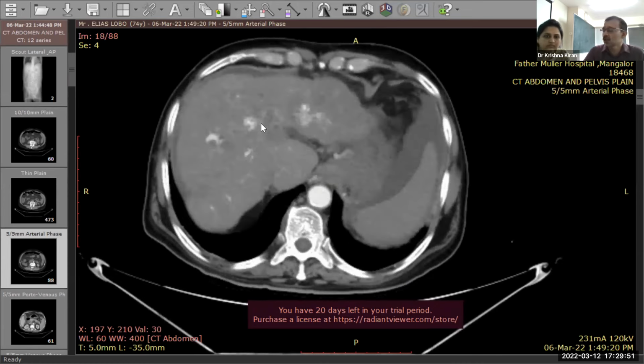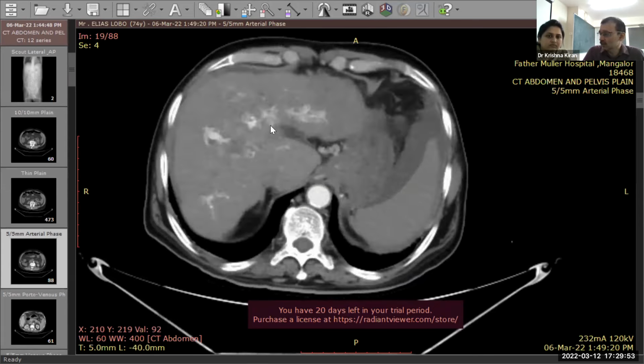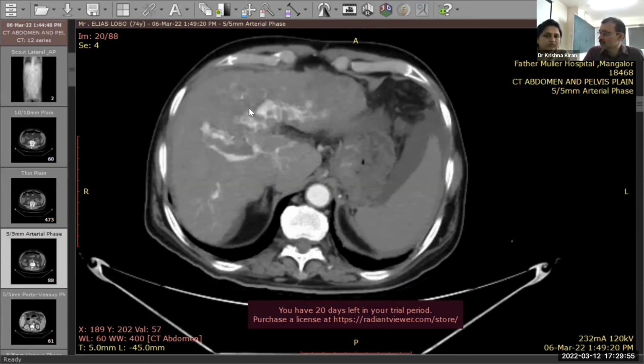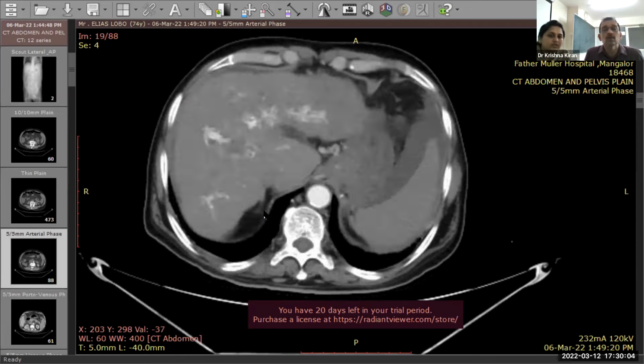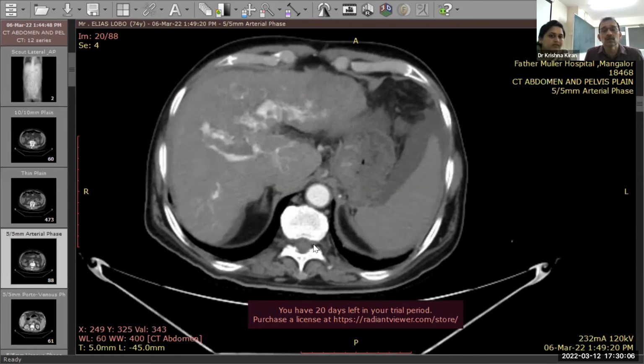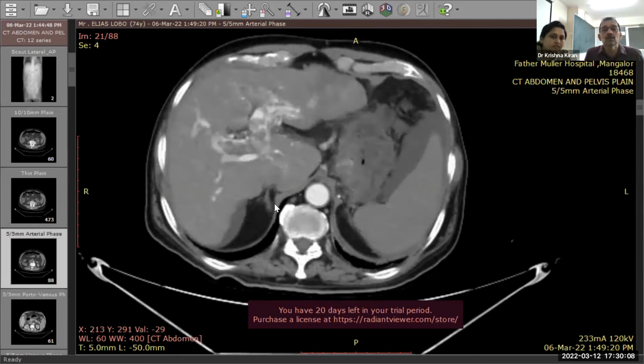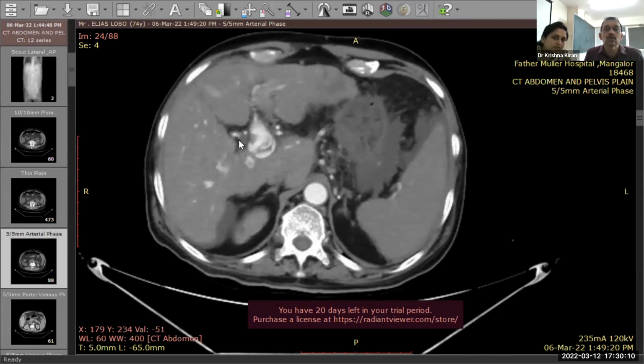Do you know any ratio which suggests how to look for cirrhosis? What are the criteria for cirrhosis? What is the ratio that is generally employed? Simply, we look for the caudate lobe to right lobe ratio. It is measured by drawing 3 lines. The first line is drawn at the level of the portal vein along the lateral wall, and the second line is drawn along the medial border of the caudate lobe, and the third line is perpendicular to the first line.